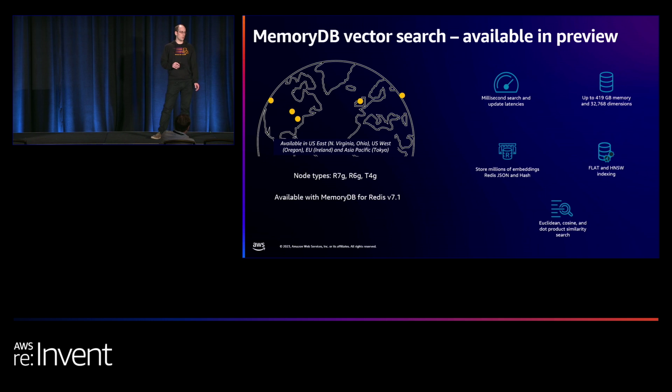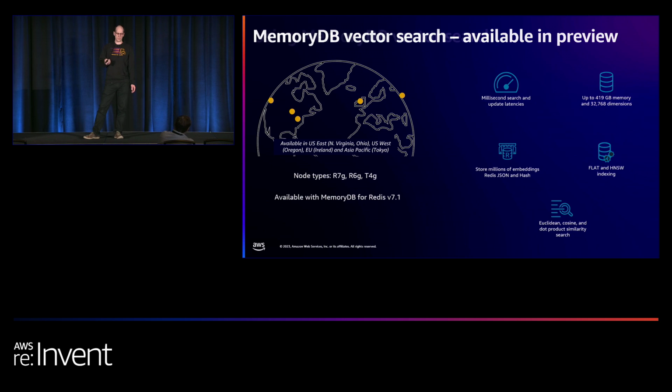The vector search preview is available in our latest engine, version 7.1. It supports 2 types of indexing, 3 types of measures, and it supports JSON and hash data structures. You can also do pre-filters for queries to scope down the number of keys you're going to be doing a search on.